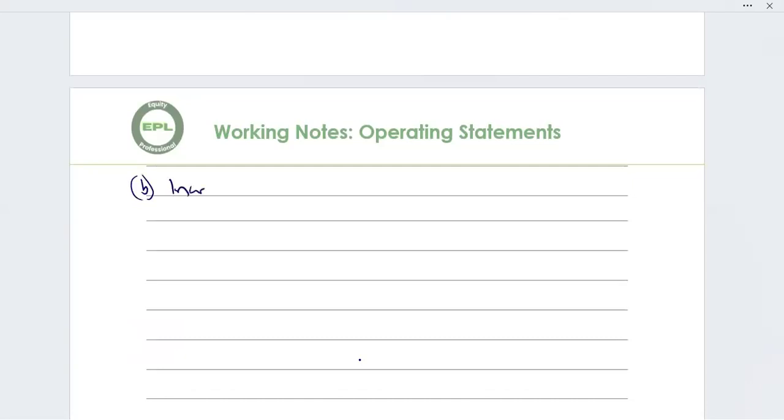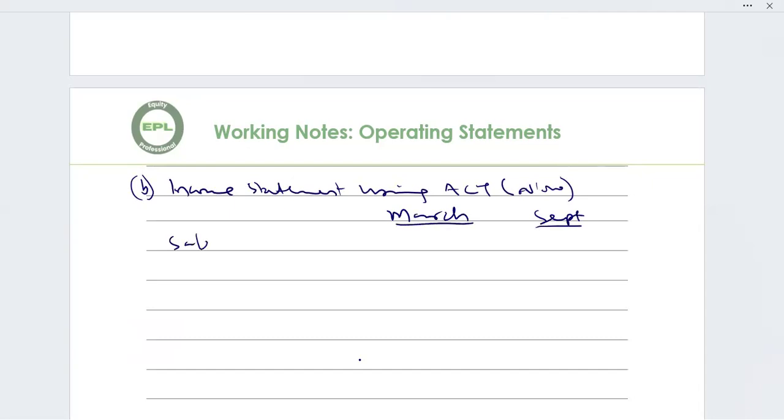Number B, income statement using absorption costing technique. Figures in thousands. March, September. Sales is 980 here. Here is 1,120. Production cost. Opening stock, dash.